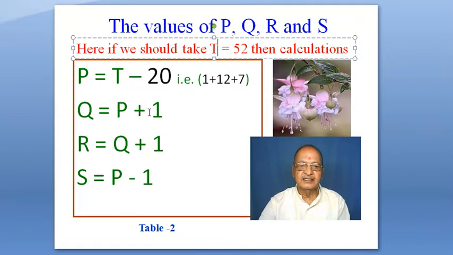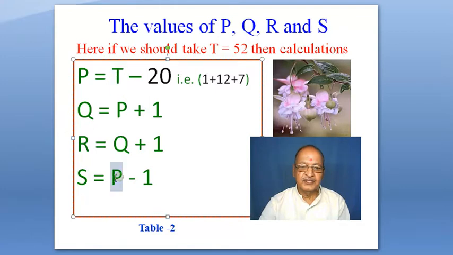Q is 33 and R is 34, Q plus 1, and S is P minus 1. P is 32, minus 1 means 31. So these are 33, 34, 31, and this is 32. These four numbers we have to enter in the next table.